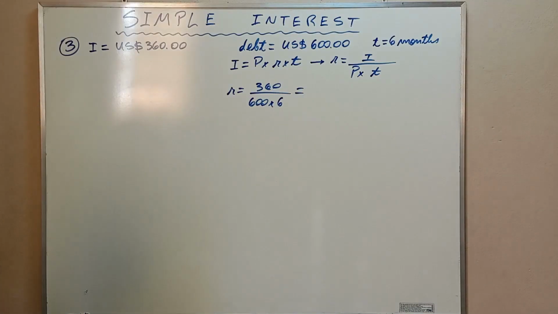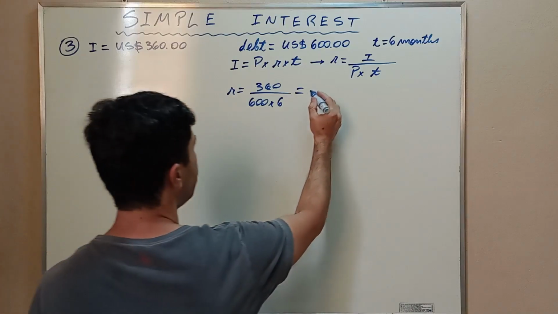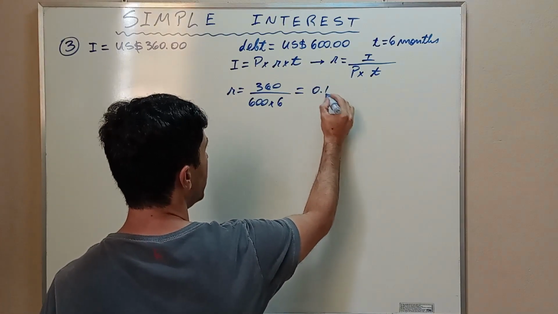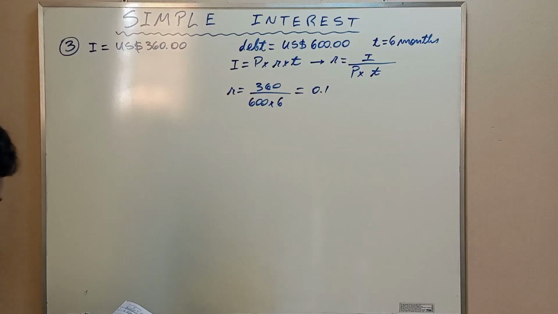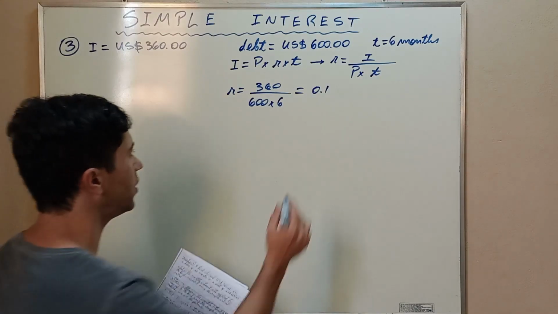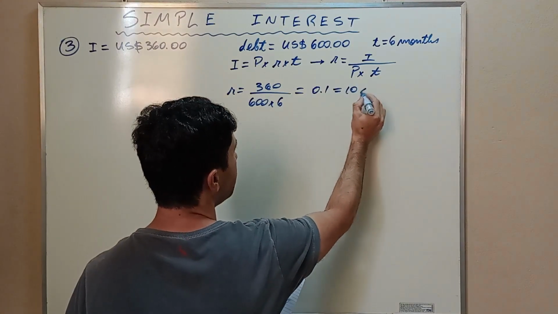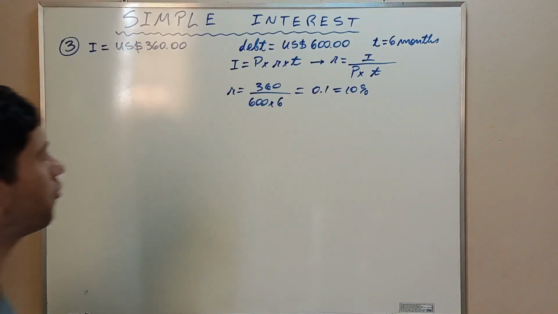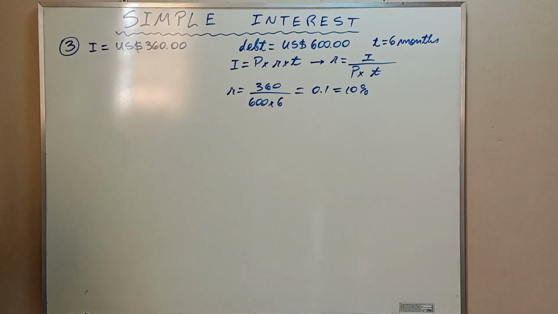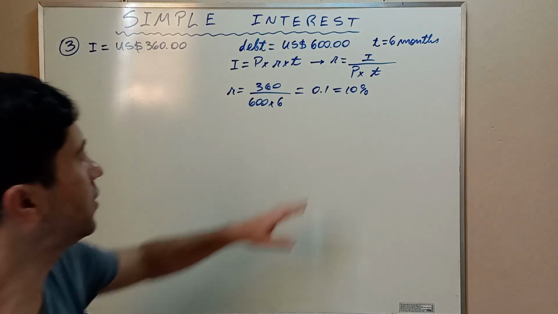Okay? Simple mathematics there. And we find the rate to be equal to 0.1. In decimal and in percentage, it is equal to 10%. Okay, my friends, this is the rate. Therefore, the monthly simple interest rate applied by the bank is 10%.